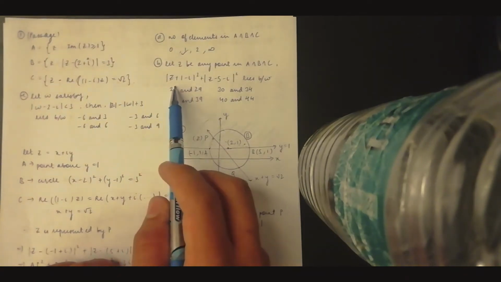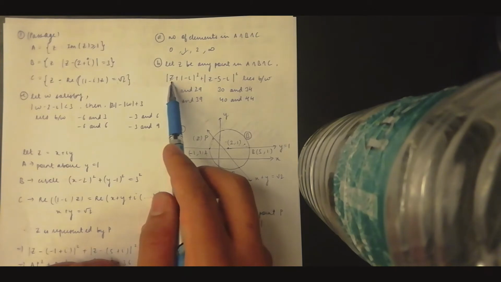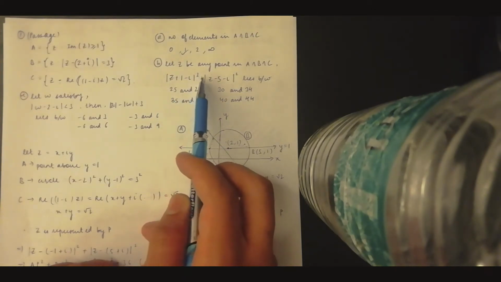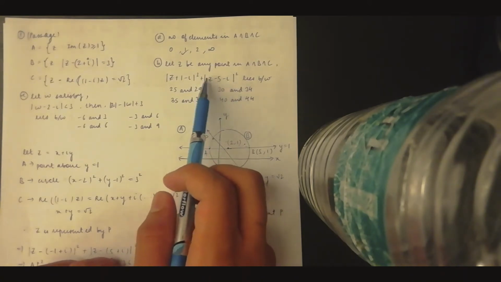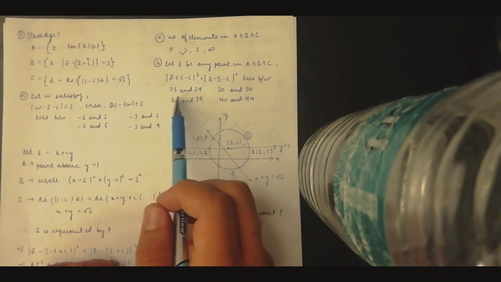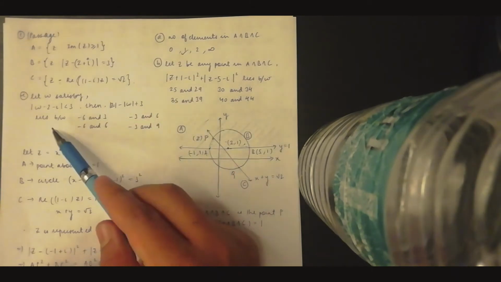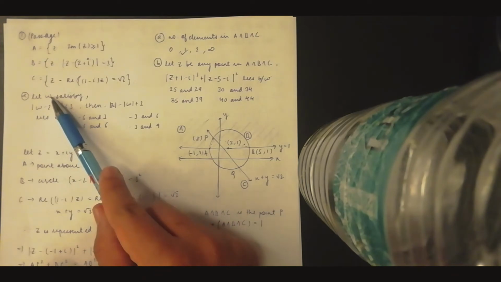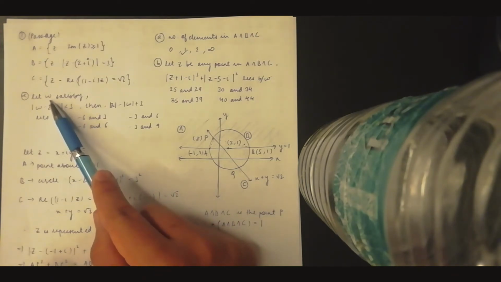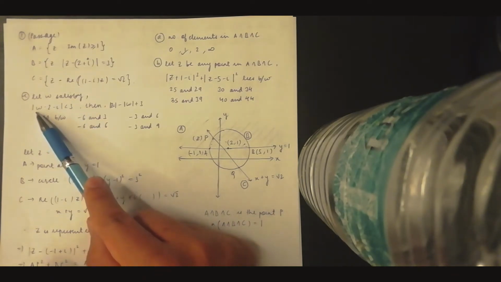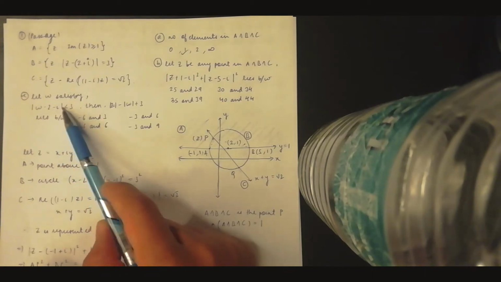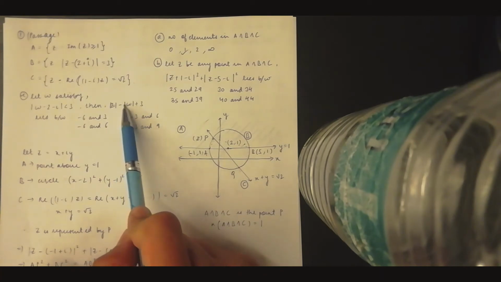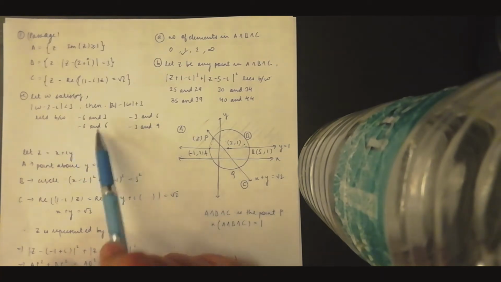So they're saying |Z + 1 - i|² + |Z - 5 - i|² lies between which of these? The third part says let W satisfy |W - 2 - i| < 3. Then |Z| - |W| + 3 lies between which of these?